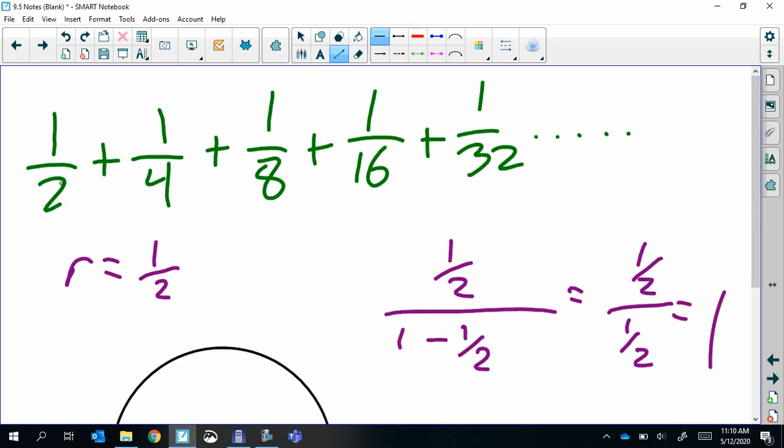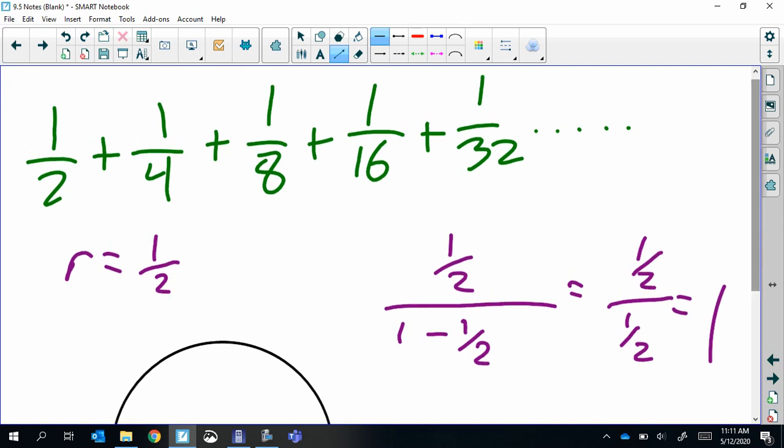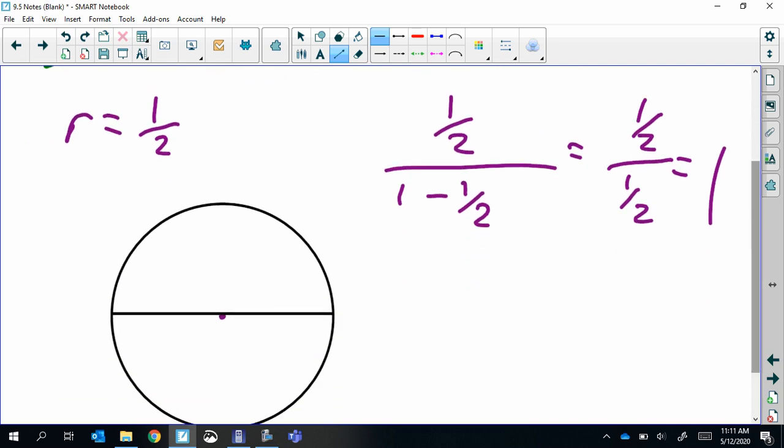So if you start with 1/2, each time you go back for seconds and thirds and fourths, another slice, another plate, you can only take half of the amount you took the last time.